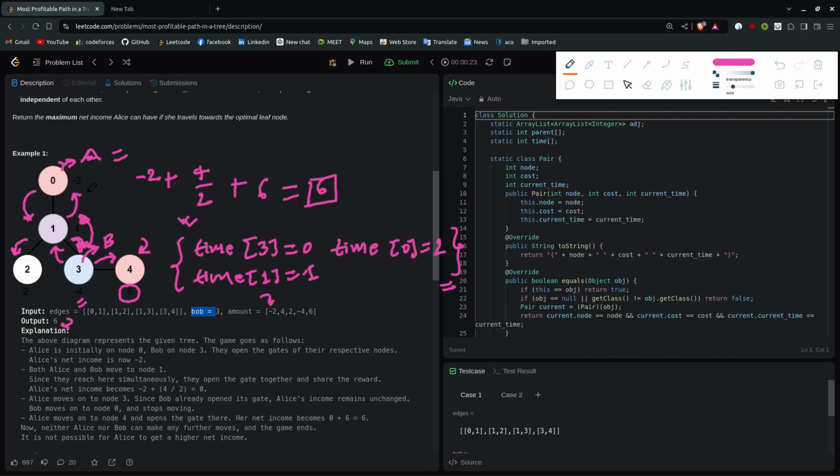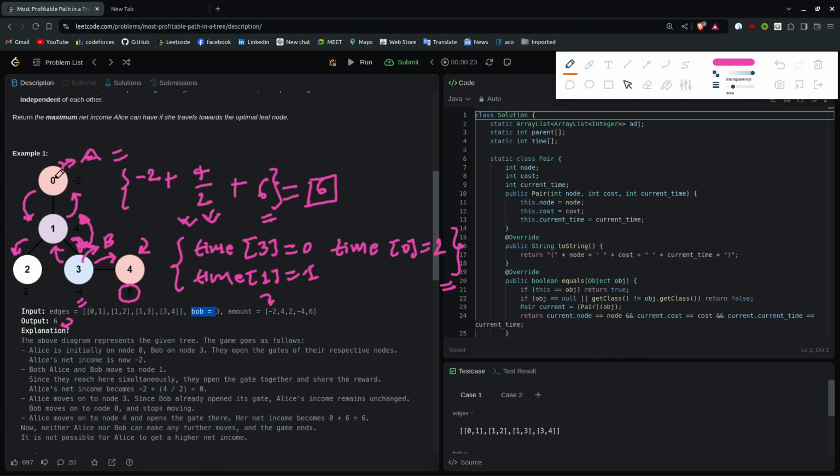And how do we know whether Alice will get the whole amount added to her answer, or they will share the amount?